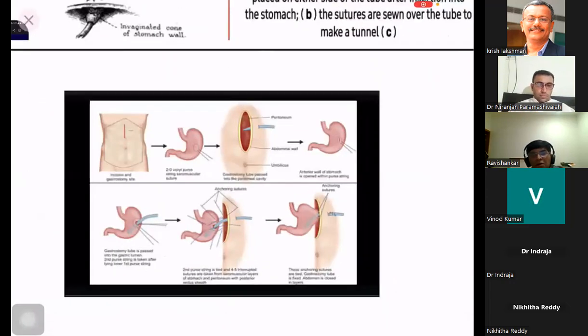Open method of feeding gastrostomy, in which we give a laparotomy incision in the upper supraumbilical region, and we find the place at which the tube is to be placed.